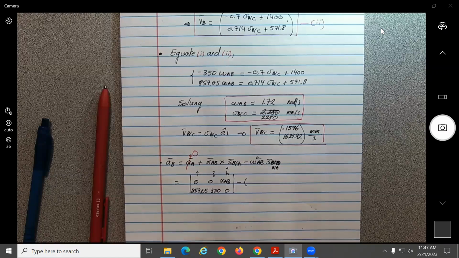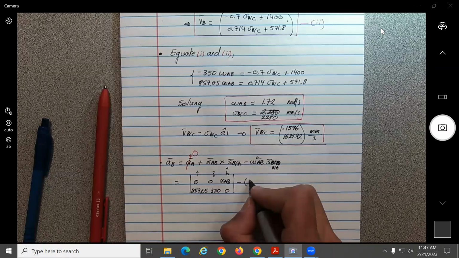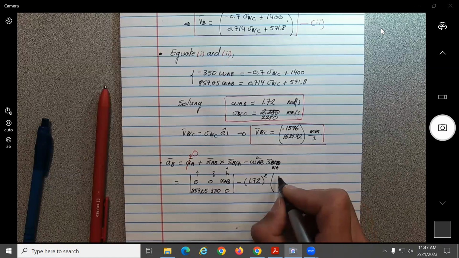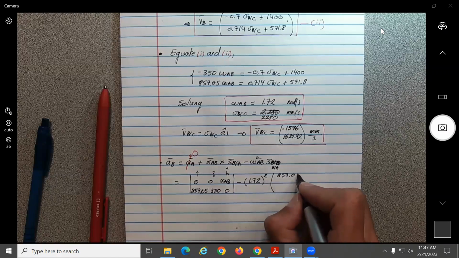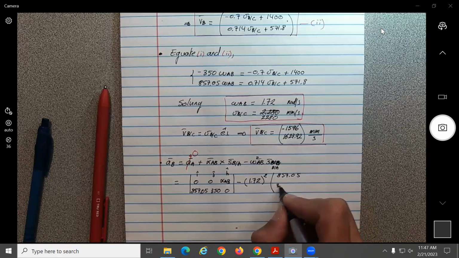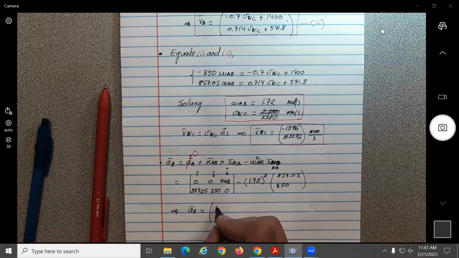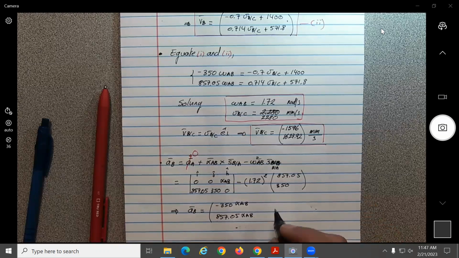Minus omega AB, we just found that to be equal to 1.72 square times 857.05 and 350. So again, here I'm going to need your help doing the calculation. So this should be equal to what? Negative 350 alpha AB, 857.05 alpha AB, minus a value, minus a value.